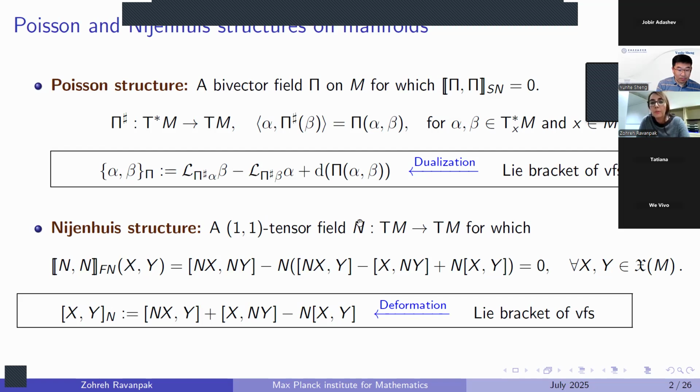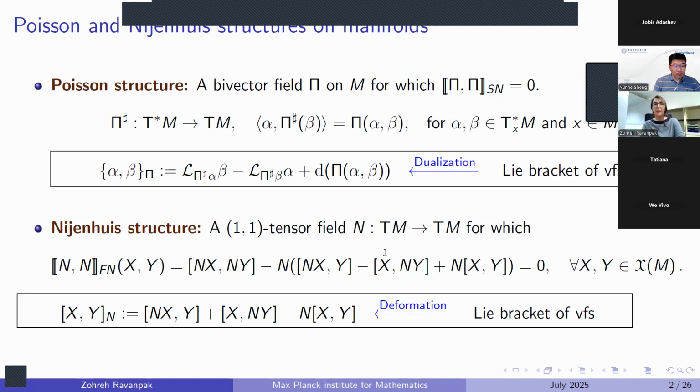Via this map N, we can deform the Lie bracket of vector fields on TM to a bracket defined by N, which we call the deformed bracket. If N is torsion-free, then this defines a Lie bracket, and in this case N is a Lie algebra morphism between these two brackets.